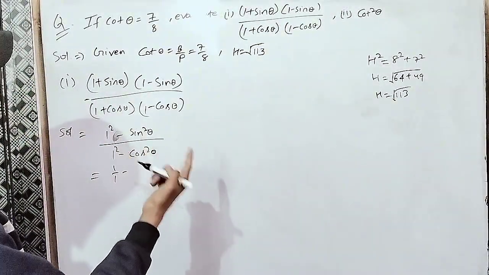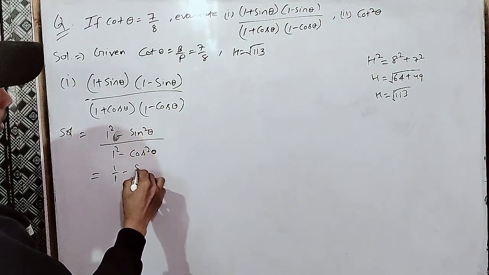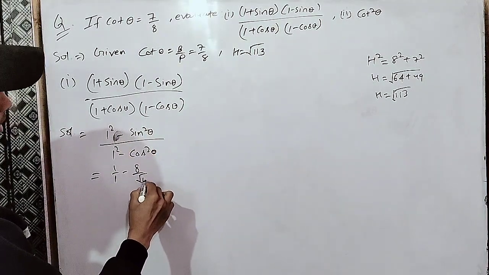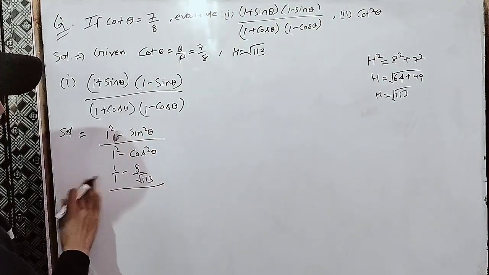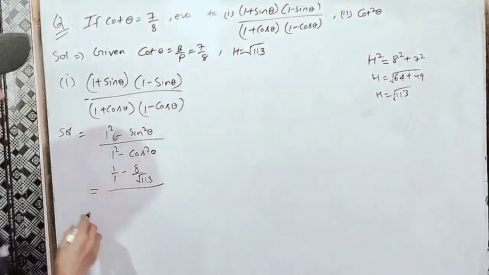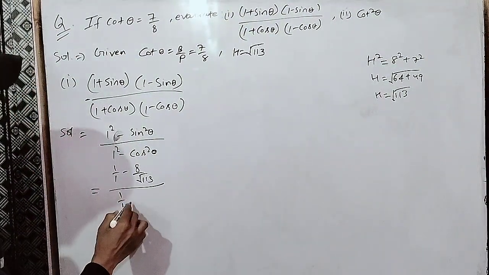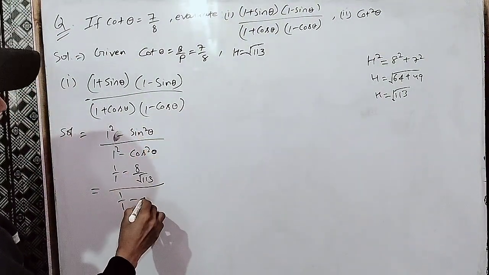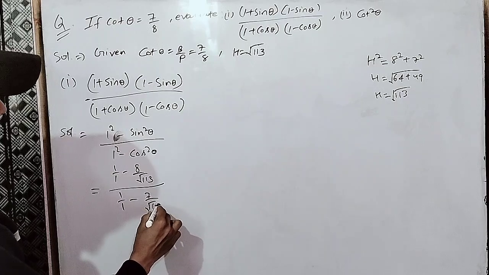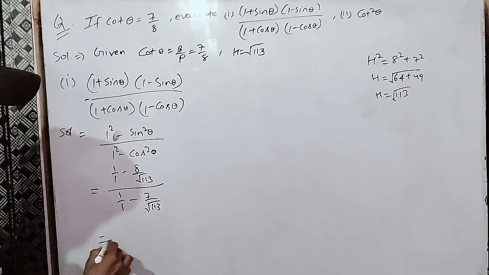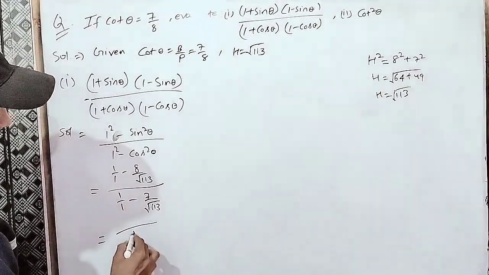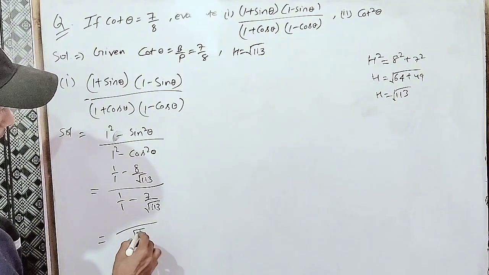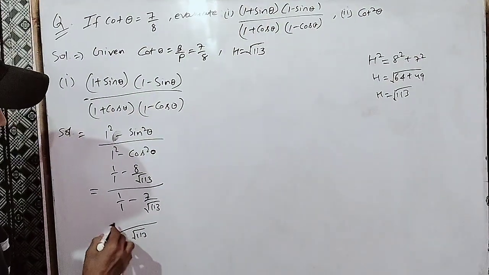Now p by h. So p, which is 8, and this equal will be here. Now 1 by 1, then cos is b by h.